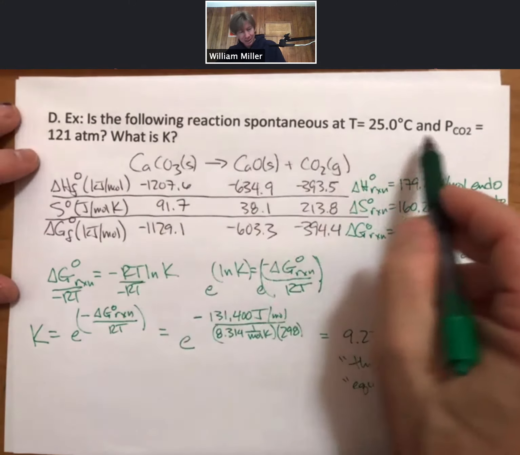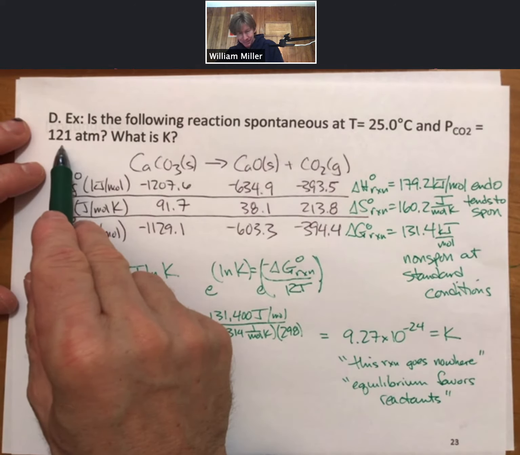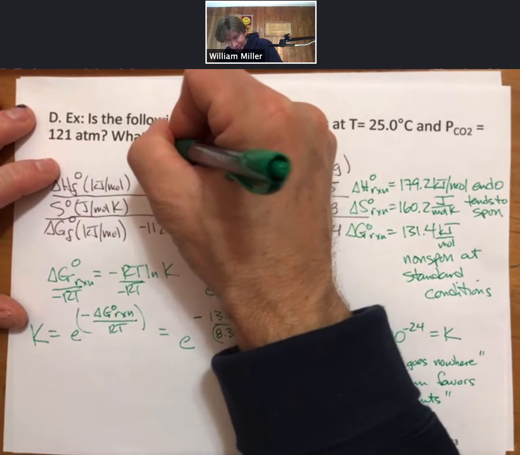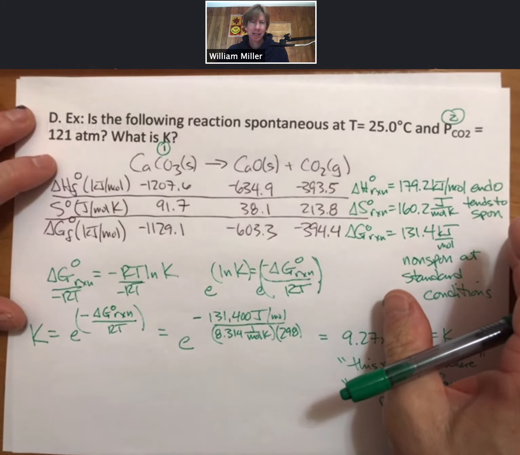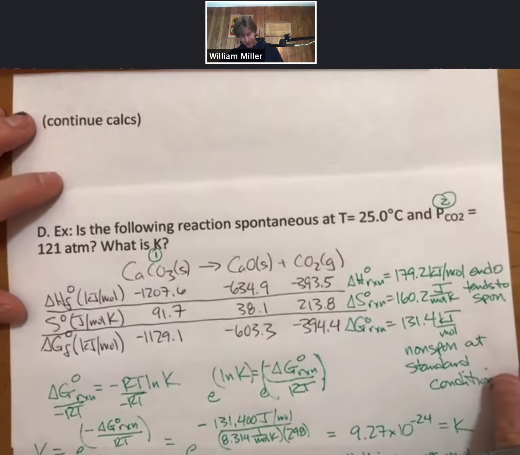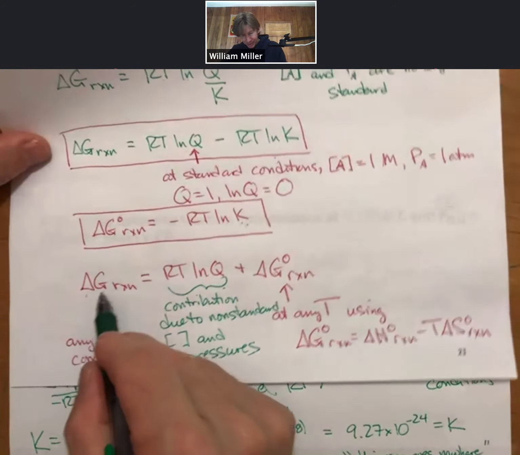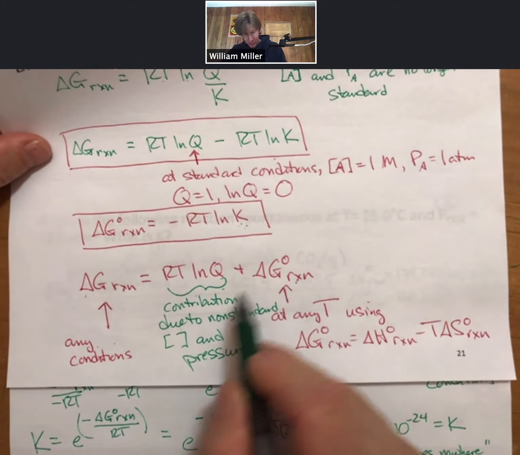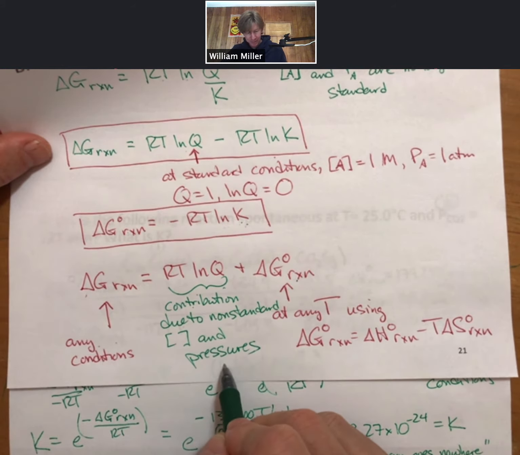Actually, let's solve for this condition first. So what is K? We did that first. Now let's do this condition, and then we'll see if we have any space left to find the temperature. All right, so we come back to this reaction. We have a contribution due to non-standard pressure.